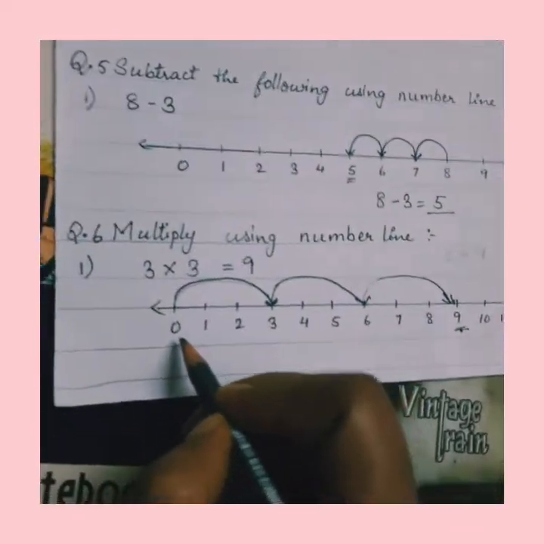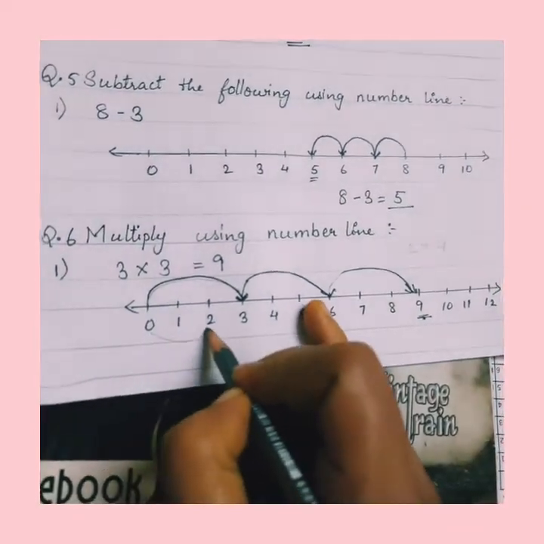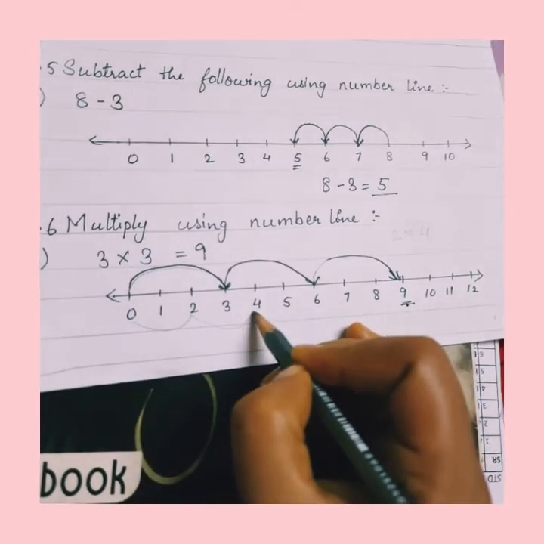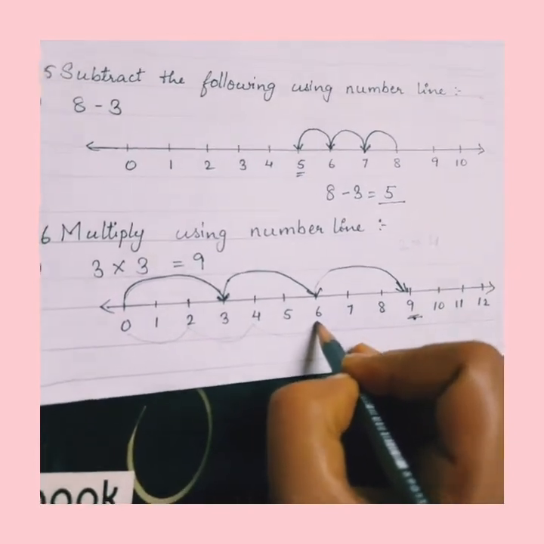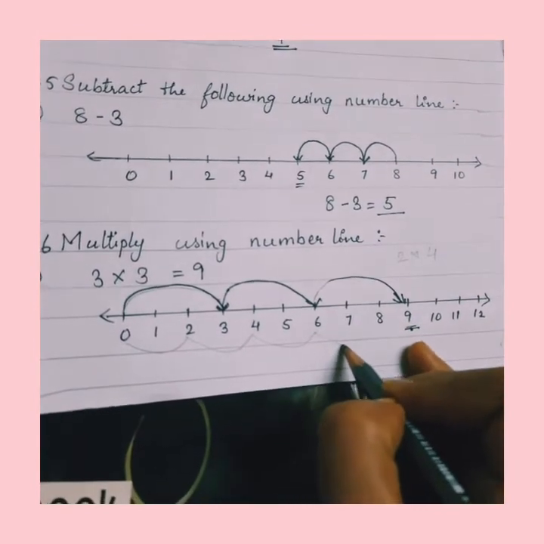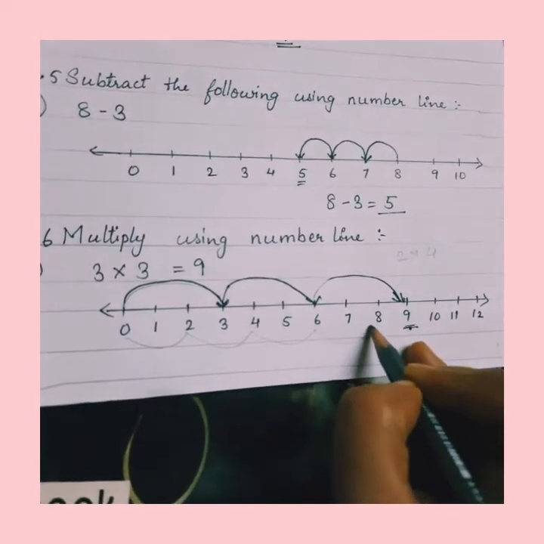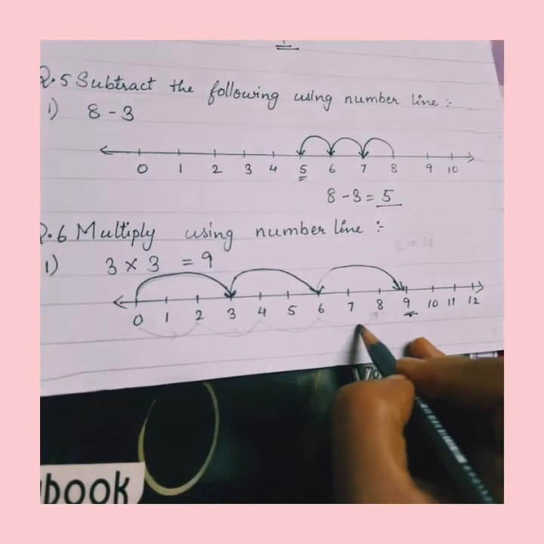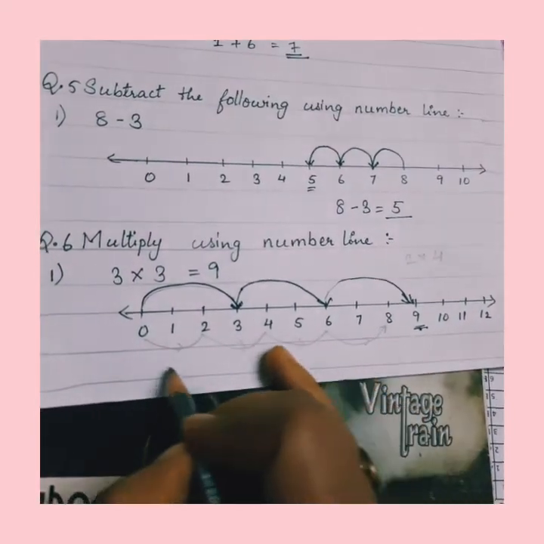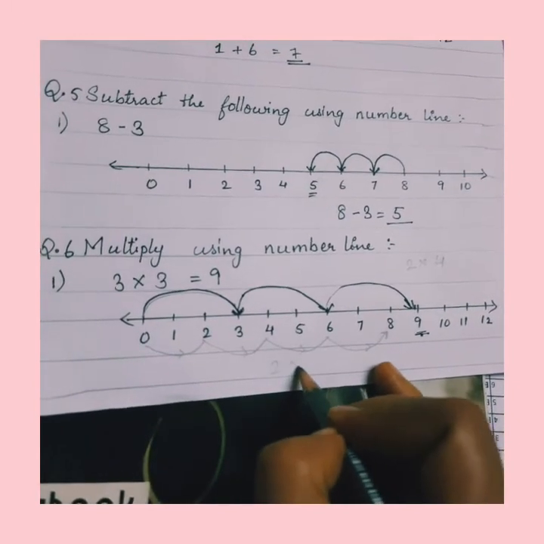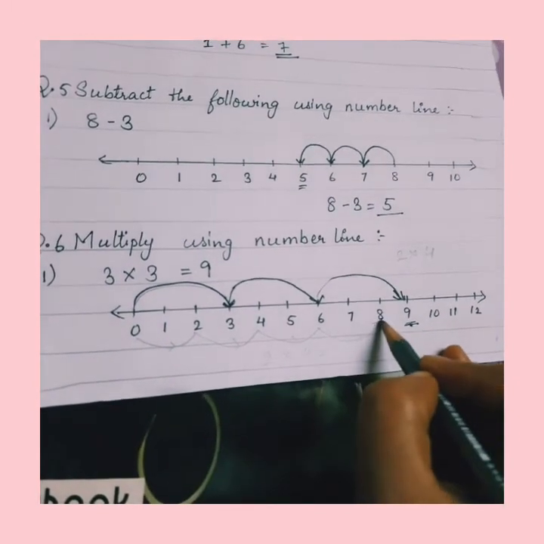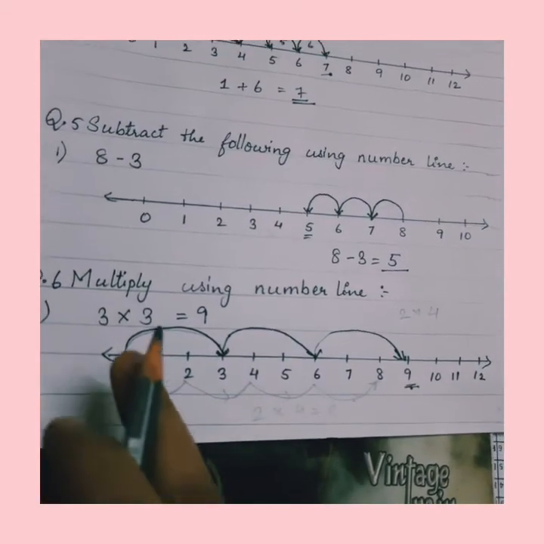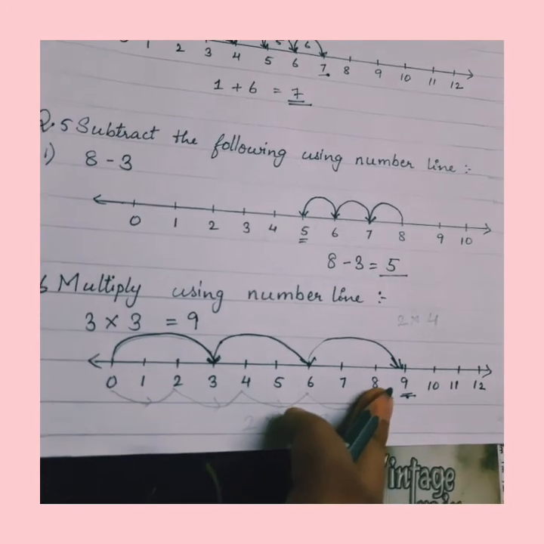That means from 0 to 2 is 1 step, 2 to 4 another step, 4 to 6 third step, and 6 to 8 will be my last step. So 1, 2, 3 and 4. So on multiplying 2 into 4, what I am getting here is 8. Okay. So in this way you have to do the multiplication.